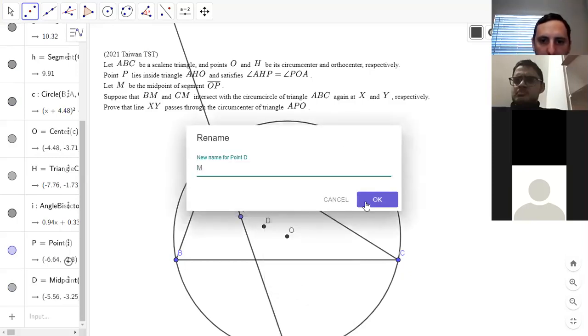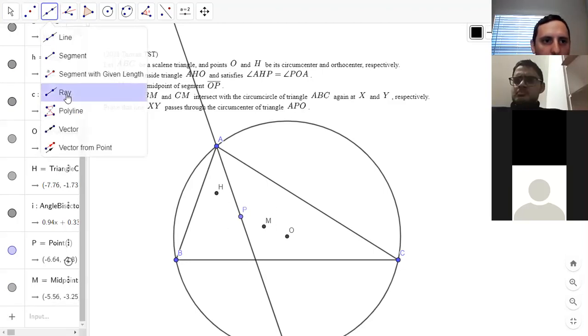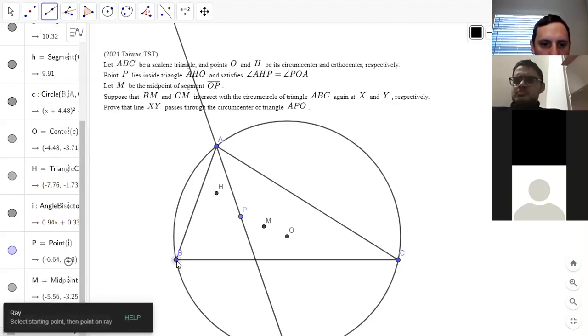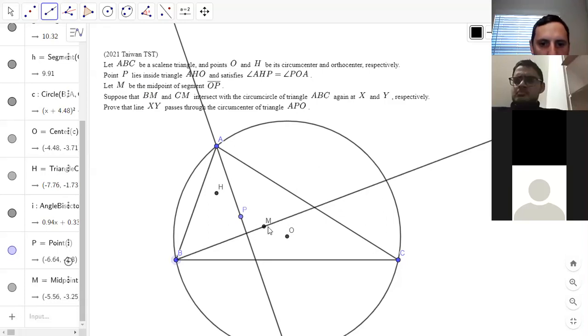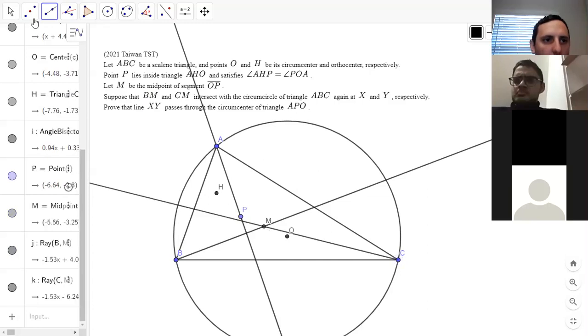So it feels kind of like symedians here. BM and CM intersect the circle at X and Y. Okay.